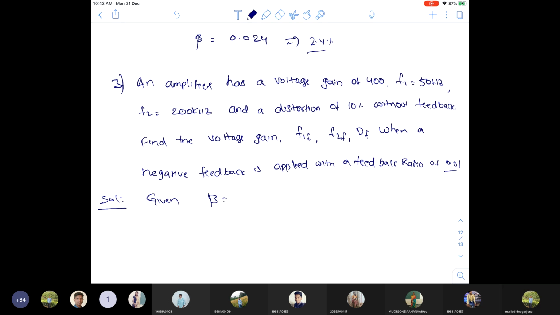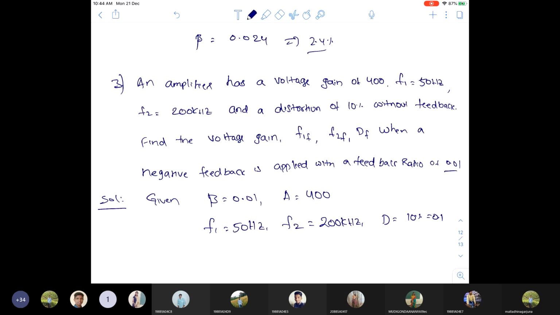Beta is equal to 0.01, A is equal to 400, F1 is equal to 50 hertz, F2 equal to 200 kilohertz, and the distortion D equal to 10%, that is 0.1. F2 is the higher cutoff frequency and F1 is the lower cutoff frequency.